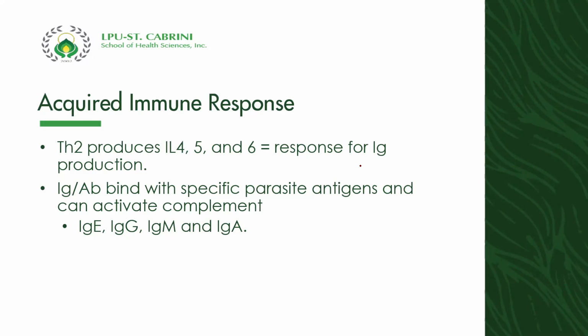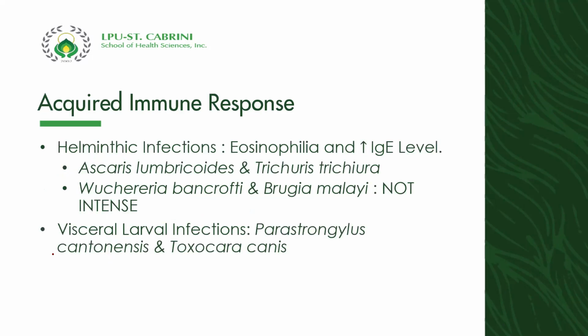Once the complement is activated, then our immune response is okay. Take note, mostly yung mataas na immunoglobulin or antibody is our IgE, immunoglobulin E. In helminthic infections, eosinophilia and IgE level are increased.